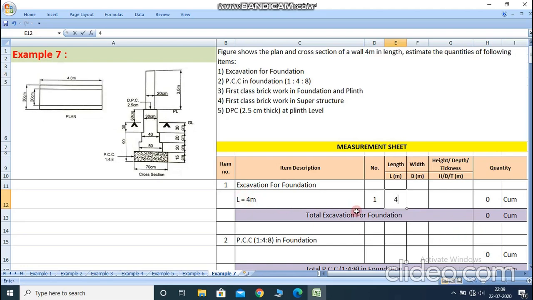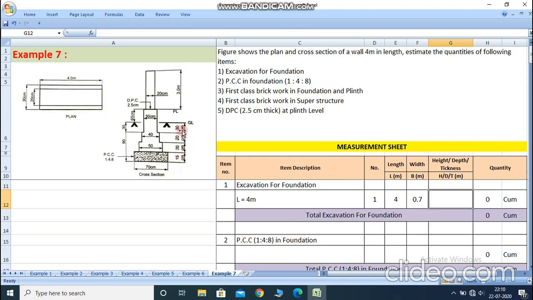The width of the excavation is the PCC width, 70 centimeter, which converted into meter is 0.70 meter. Now the height or depth of the excavation, from the bottom of the PCC work to ground level, is the summation of 30 plus 20 plus 20 plus 15.